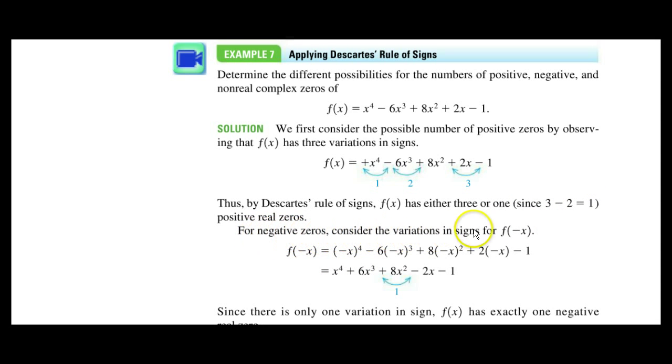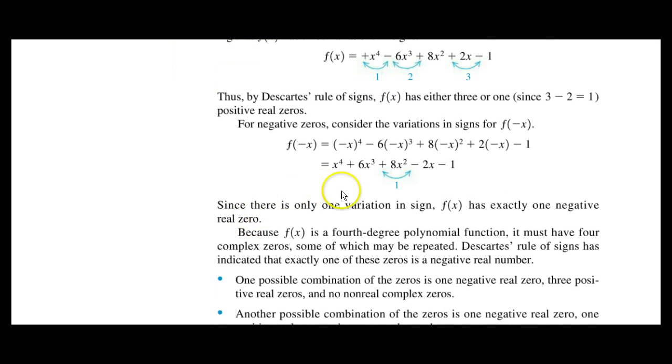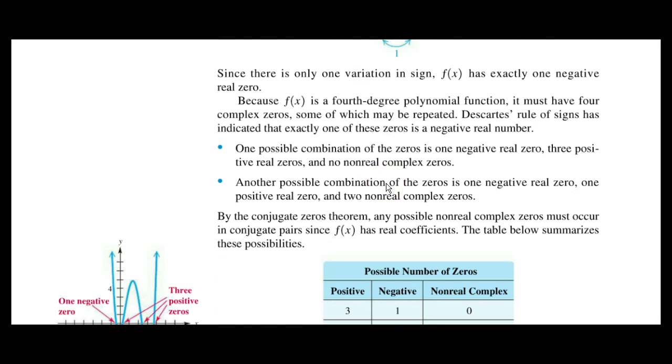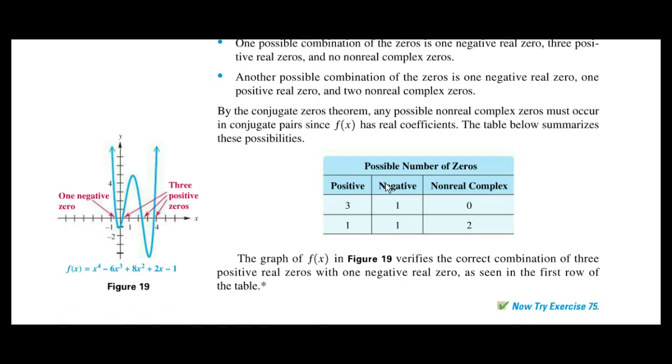Consider the variation of the signs, and since there's only one variation of signs, you have exactly 1 negative real zero, or 0. And if we were to graph that, we'd see there's only 1 negative zero here and 3 positive zeros. And I went through this very quickly.